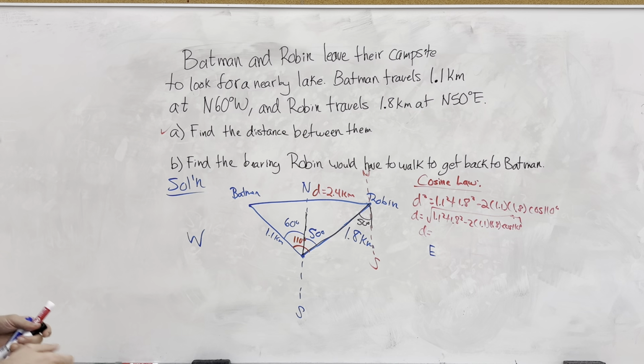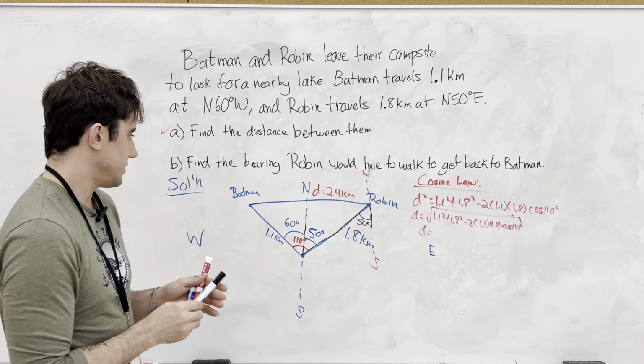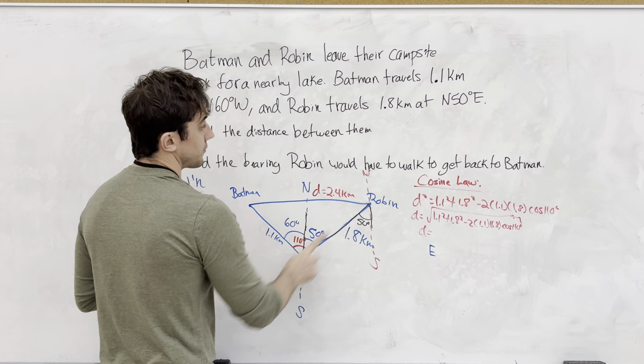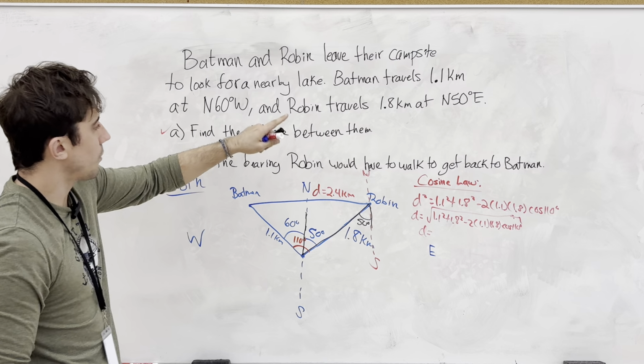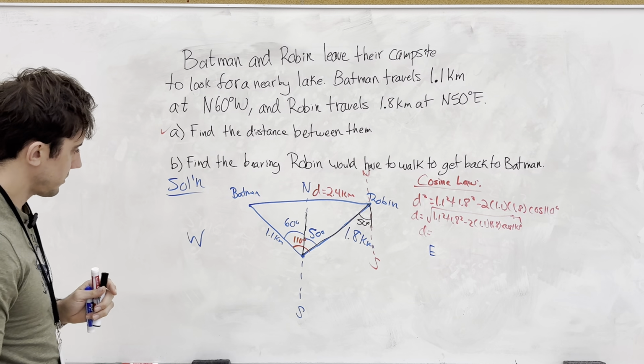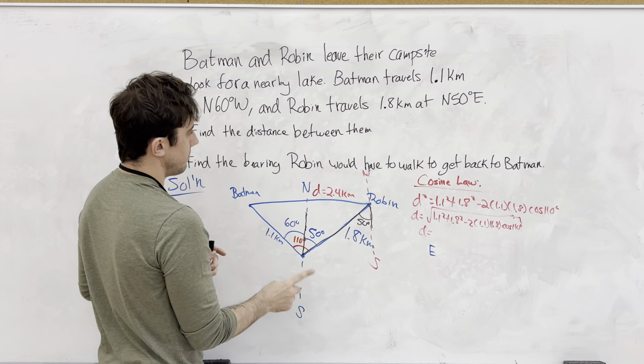And so now we know that Robin is going to go, this is 1.8 kilometers, so she's further up, she's further ahead, because they both went north. So it sure does look like Robin is further north than Batman.